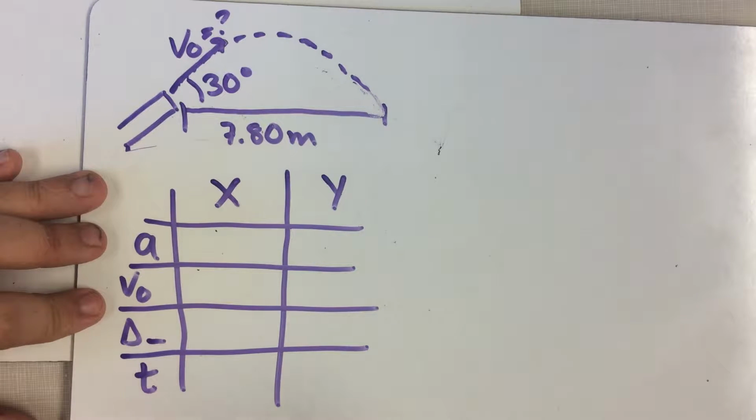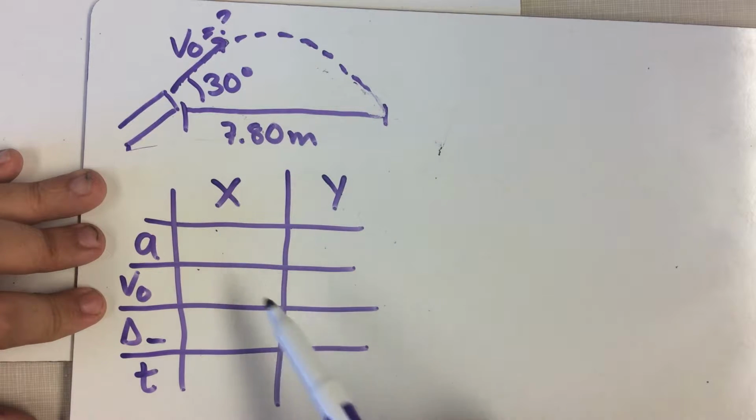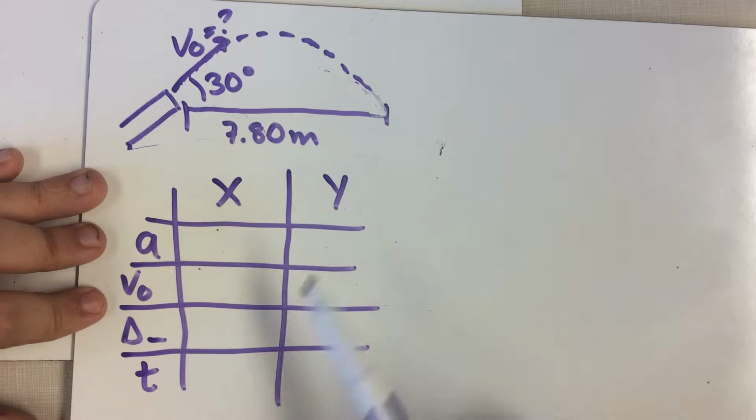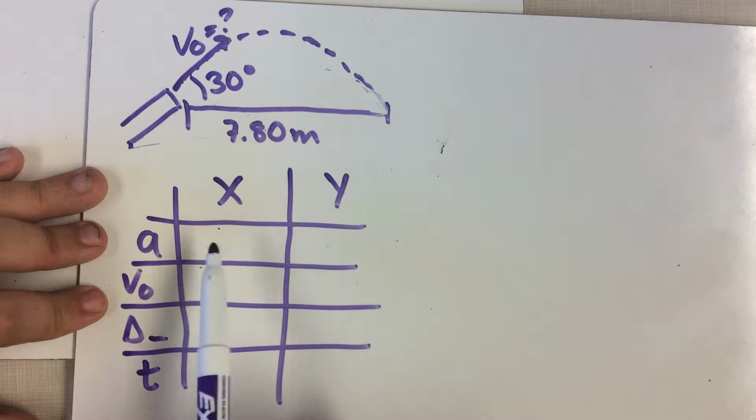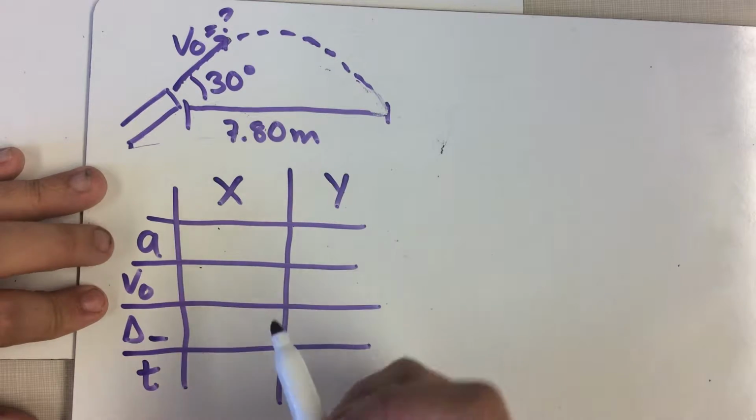Now, this might seem like a hopeless problem because we're just not given a lot. But let's break it down into what we know in the x direction and in the y direction and see if we can maybe solve this problem. So the first thing I do is I create a table. I always know the first row in my table is the acceleration.